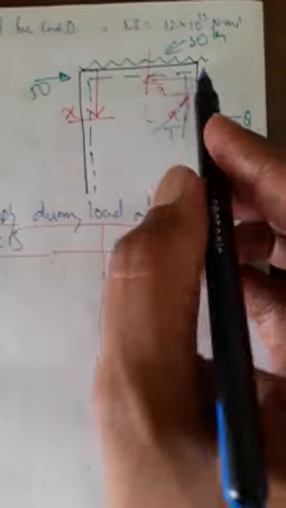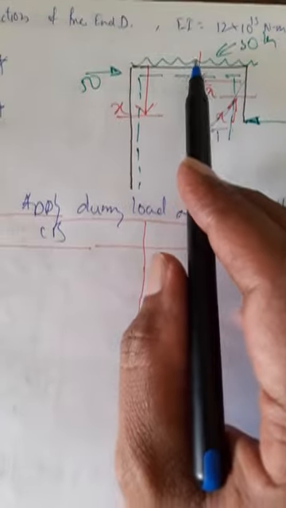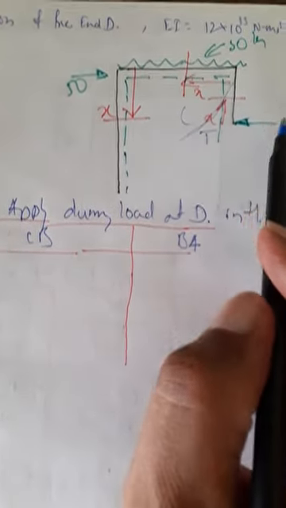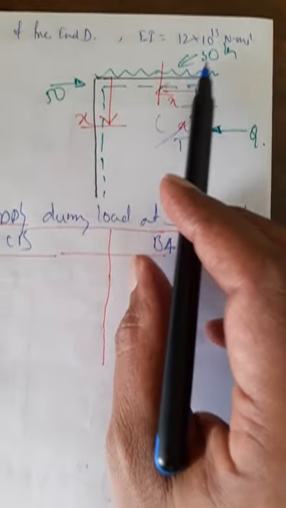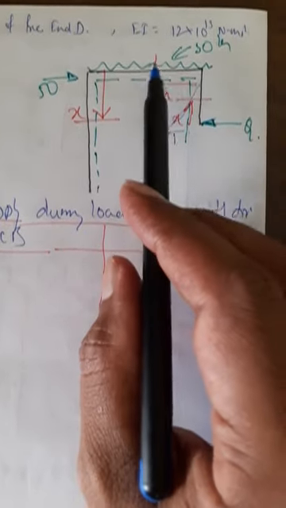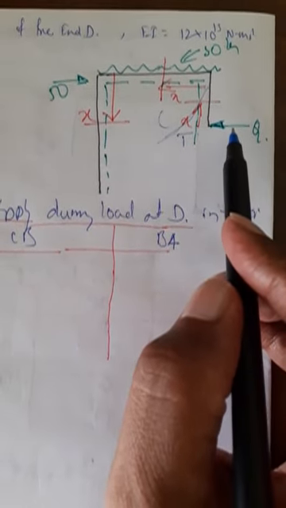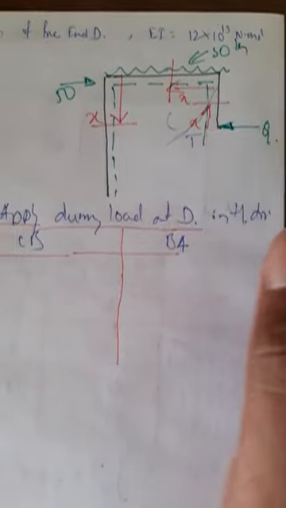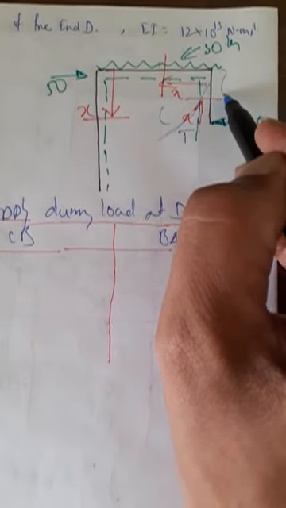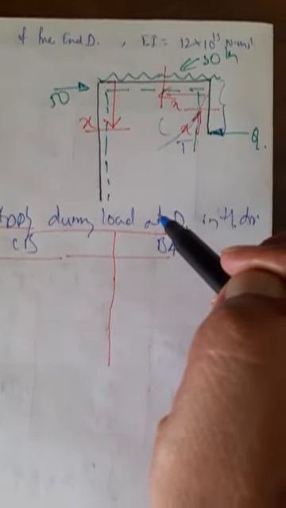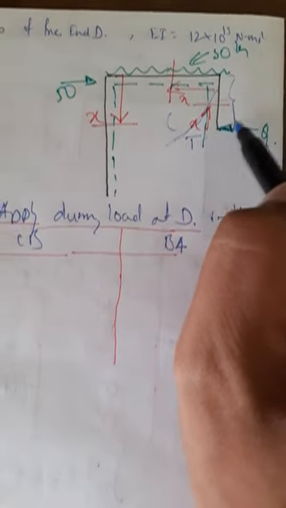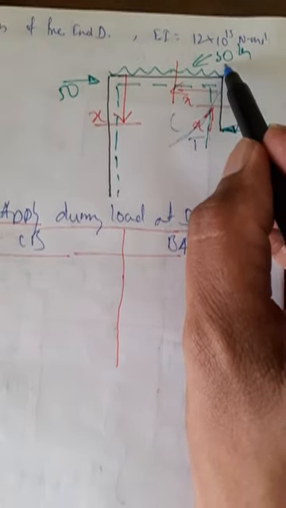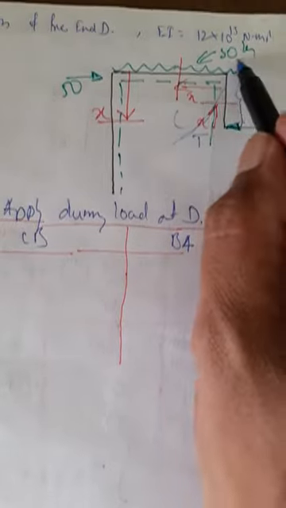Now come to portion CB. At this section, consider only this much, forget this part. Here two loads, Q and 30, are both acting, and both are producing negative moments. Hence this will be minus Q into this distance, and that distance is 2 meters, and W into X by 2, or load into span into CG distance.